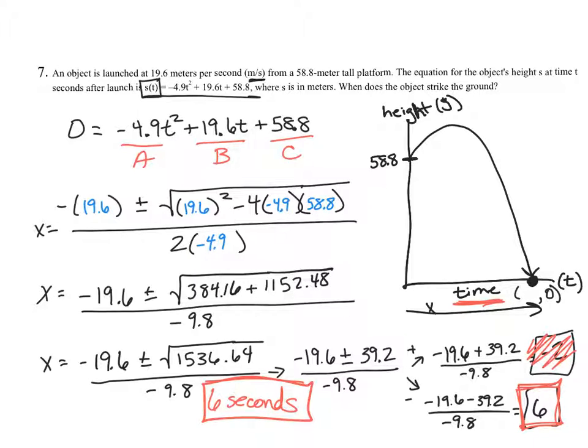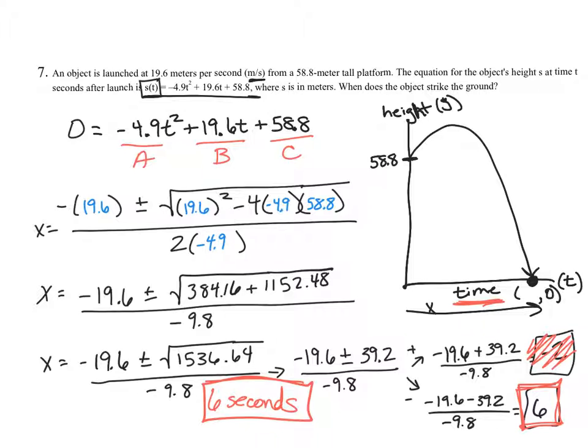It gives us our function, s of t equals negative 4.9 t squared plus 19.6 t plus 58.8. We want to know when it hits the ground, so that's going to be our x-intercepts.